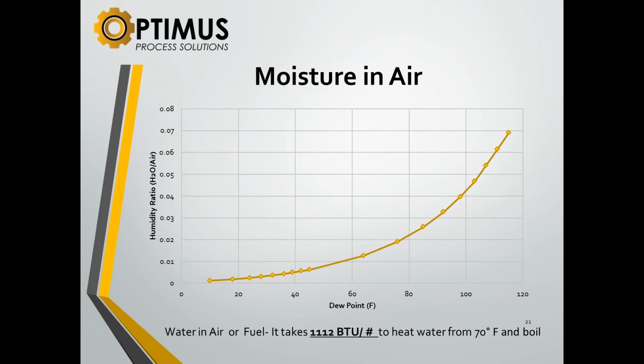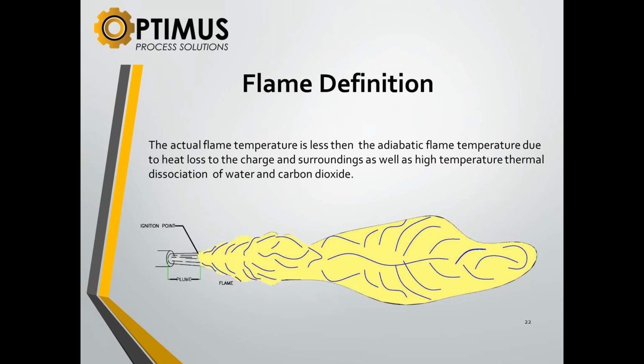So anyway, we drew some fancy little flames here, and we talked about adiabatic flame temperature and how heat loss to the charge and surroundings will affect that theoretical temperature.